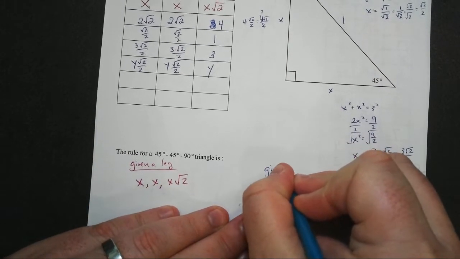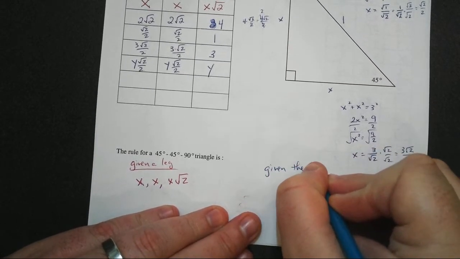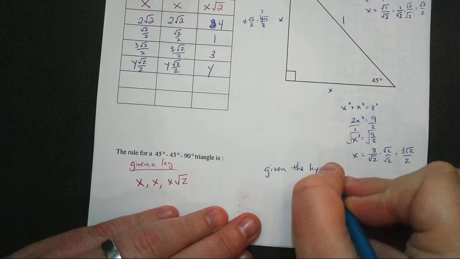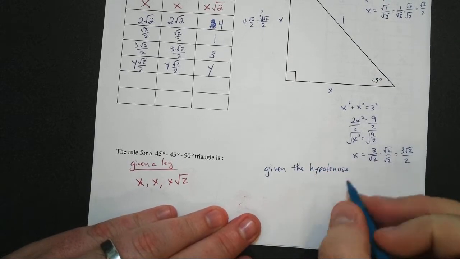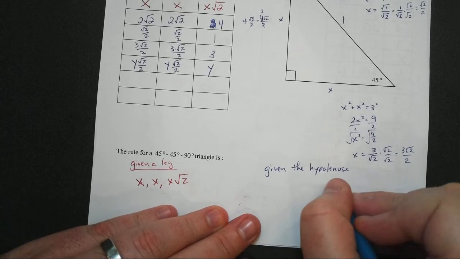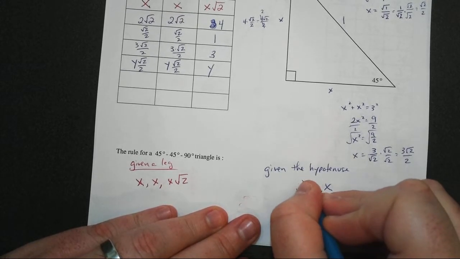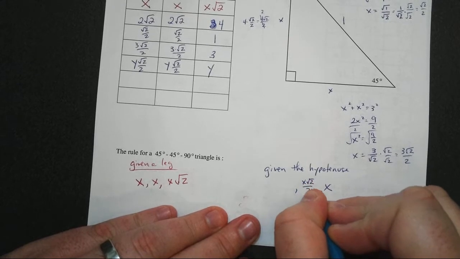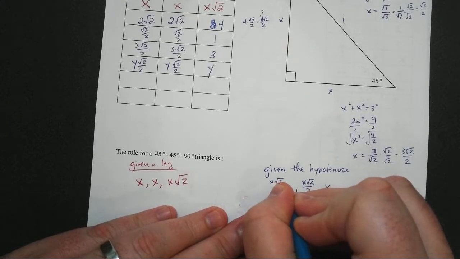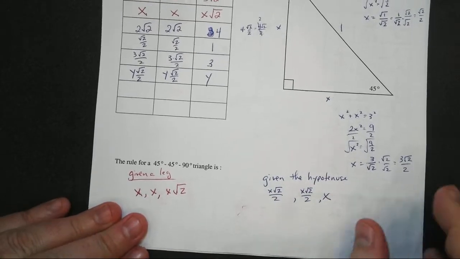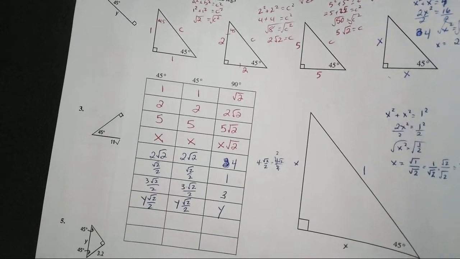So if we're given the hypotenuse, we're going to get x for the hypotenuse, and then it's just x radical 2 over 2. Okay? X times radical 2 over 2. That's the rules for the hypotenuse and the leg.